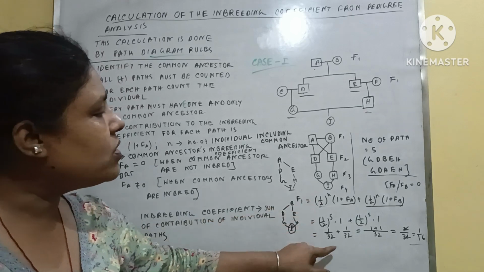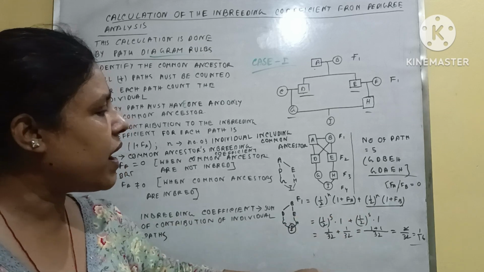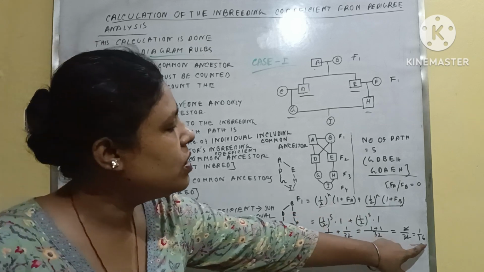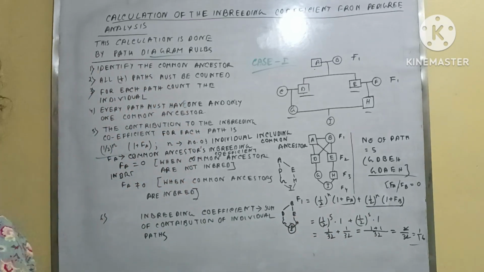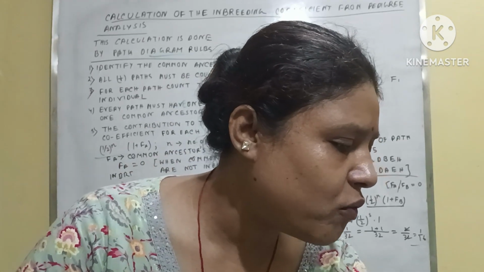So if you calculate this, half to the power 5 and half to the power 5, the answer is 1 by 16. Clear? This 1 by 16 is the F1 value.